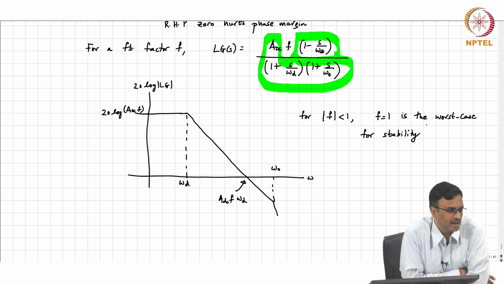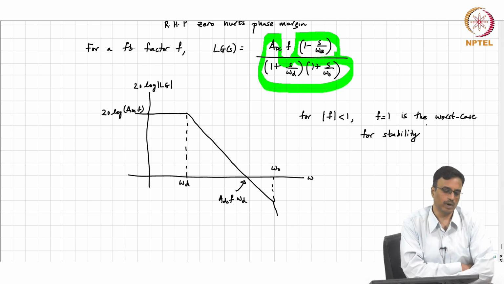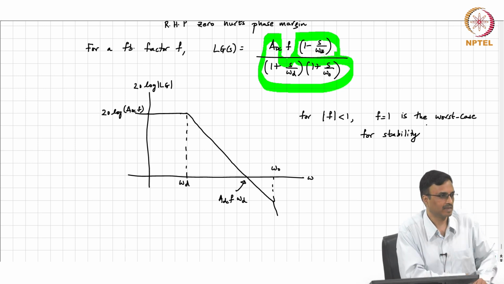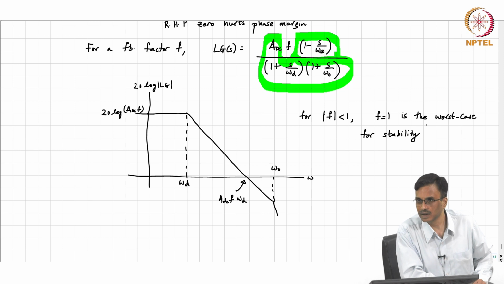It does not help you if the system is stable for unity gain, nor does it hurt if it is unstable for unity gain, because you are not going to be using it for unity gain anyway. Does it make sense, people? Okay, that is one point.